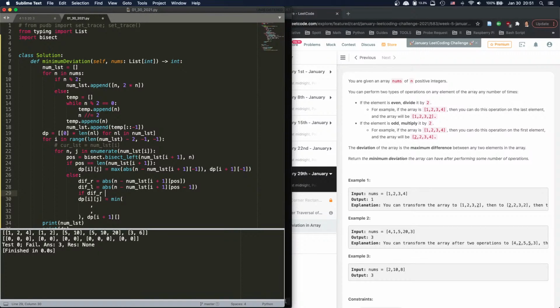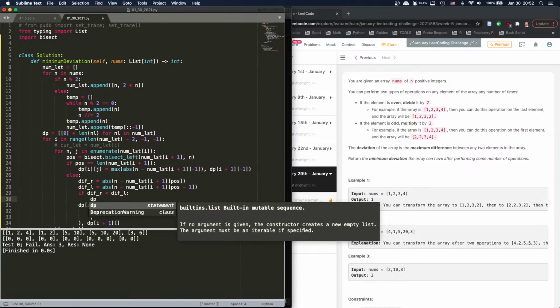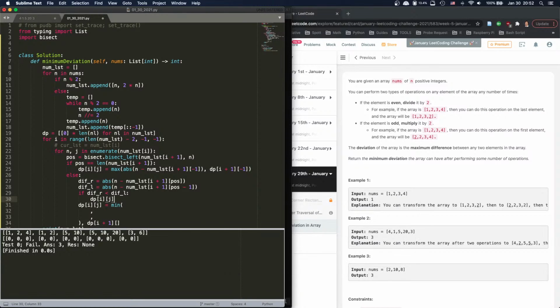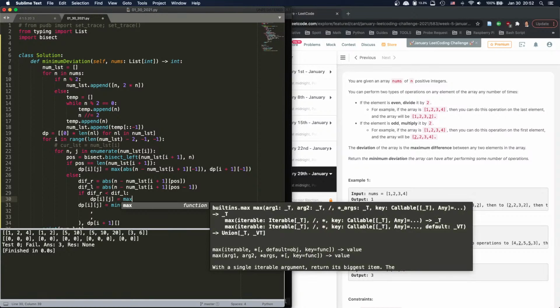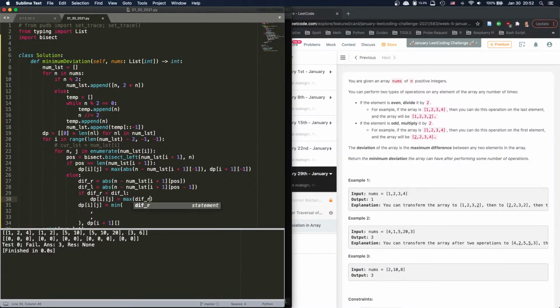If this one is smaller than diff left, then we're going to pick diff left, so dp[i][j] shall be the max of diff right and dp[i+1][position].